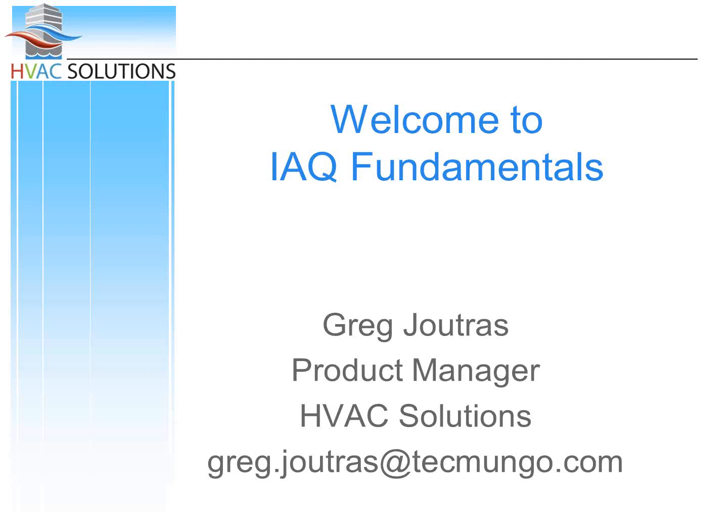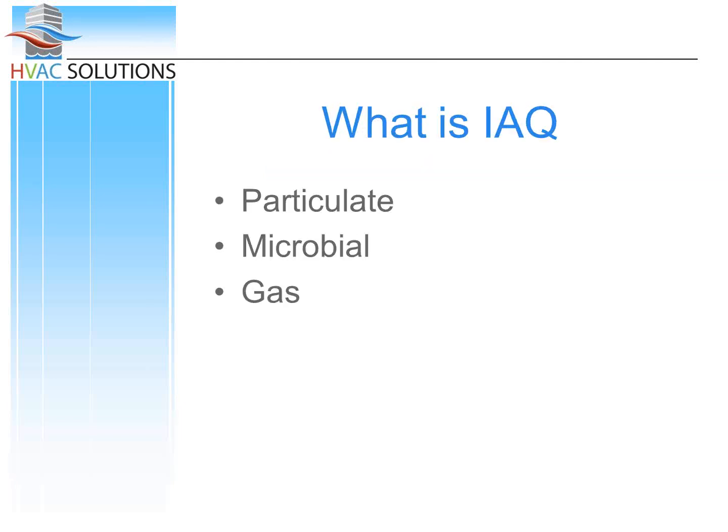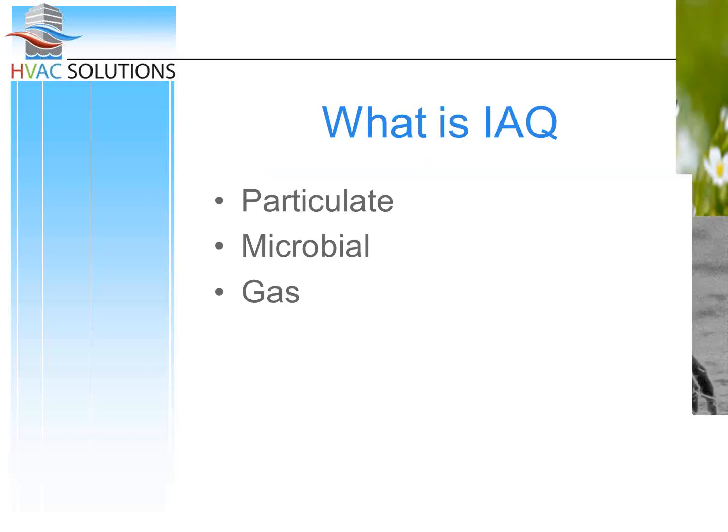Now, if you don't remember anything else from this presentation, remember these three things: particulate, microbials, and gases. And we try to remember that by PMG. And the point of saying that is, if you can figure out what type of problem you're dealing with, you can then diagnose that problem and offer a solution.